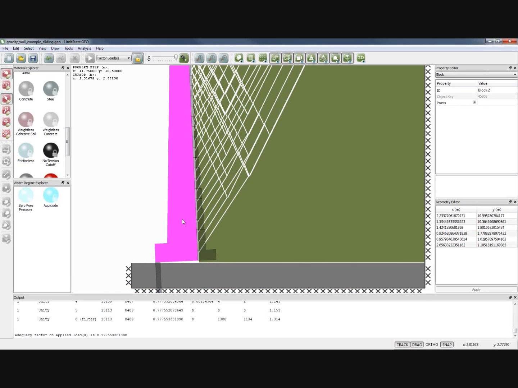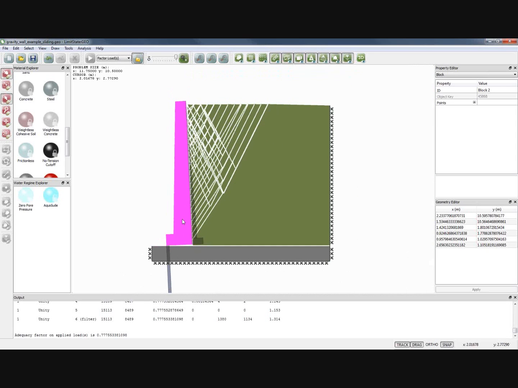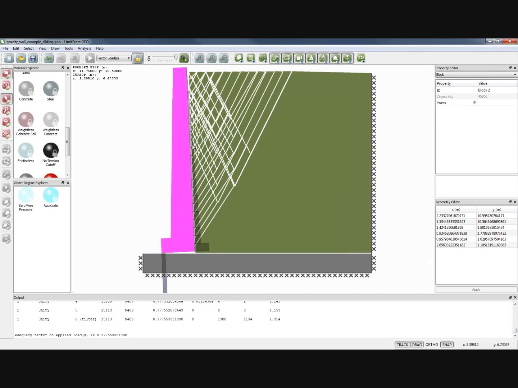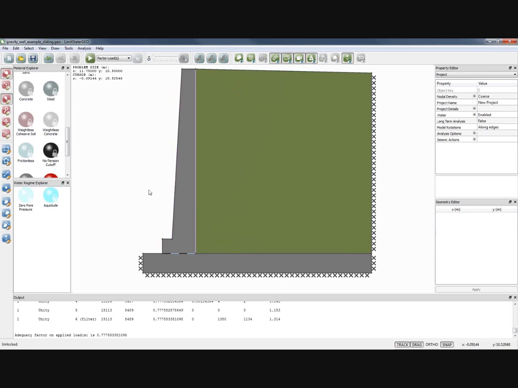I should just point out that if I click on this object here, I can actually see distributions of stresses down the back of the wall, which are looking pretty much like Rankine earth pressures, except right at the bottom where there's a little increase in pressure due to the kinematics of the deformation.